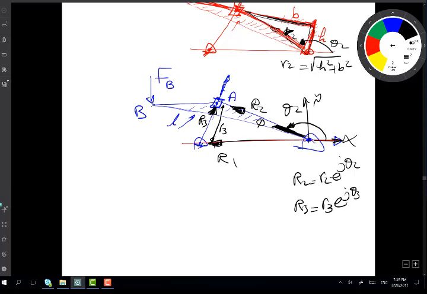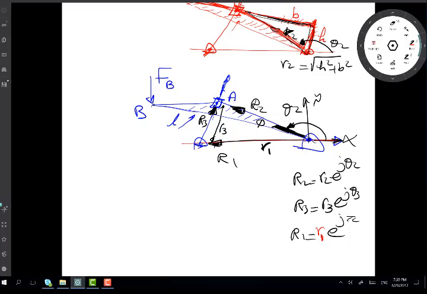The length of R1 is not 0, it's R1, and the angle of R1 with the x-axis is equal to pi.